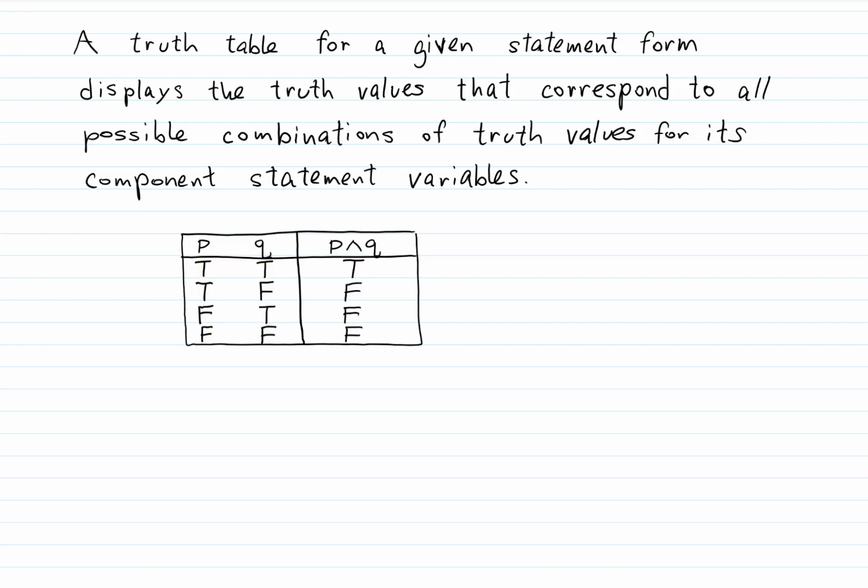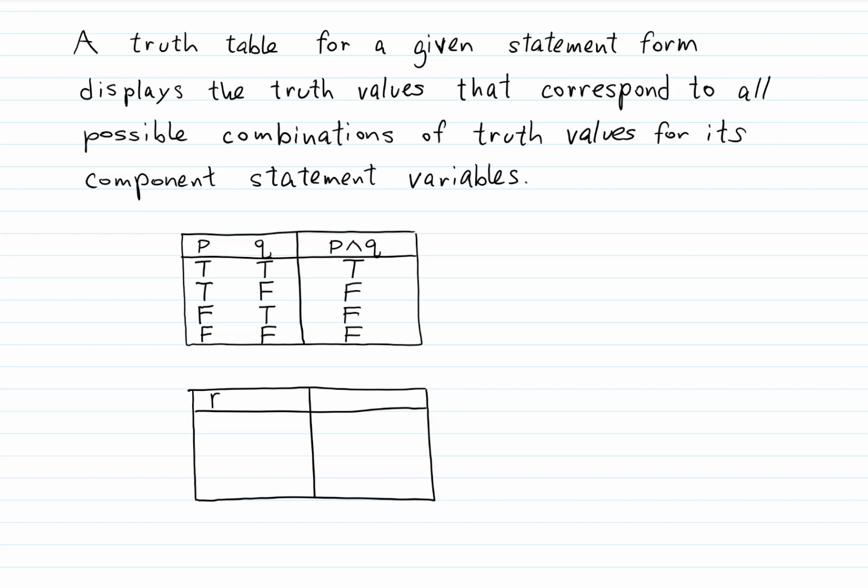Okay? All right, so let's do the truth table for disjunction. So that looks like this. If P and Q are both true, then their disjunction is true.